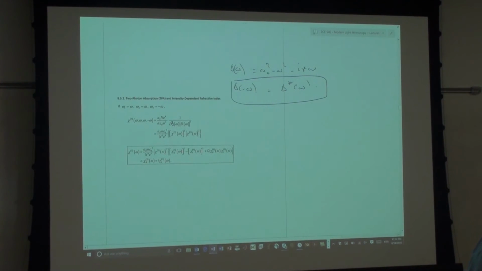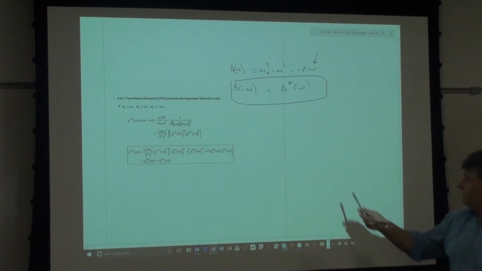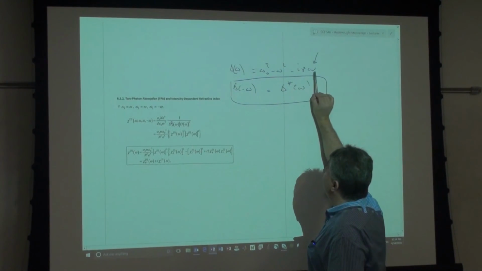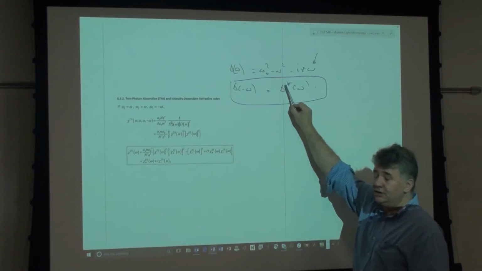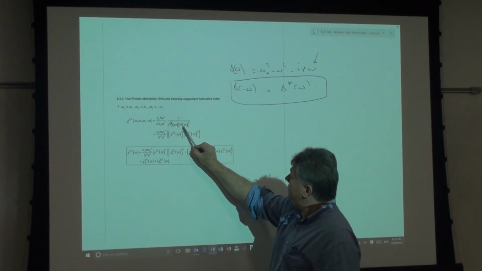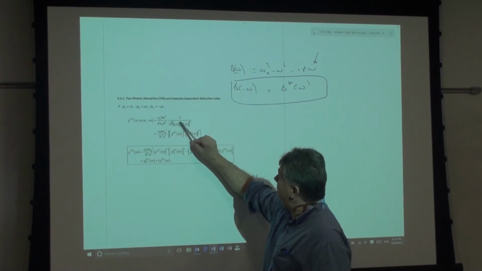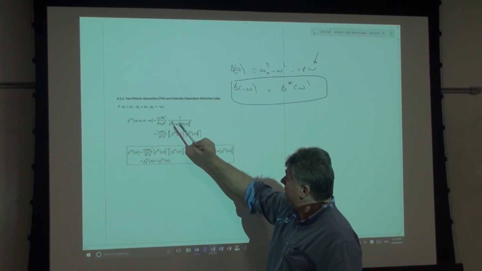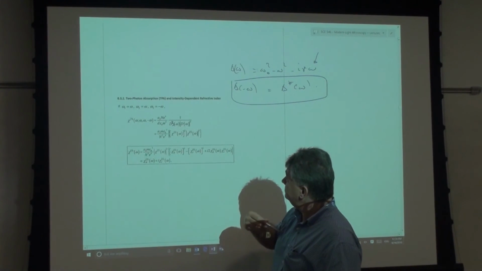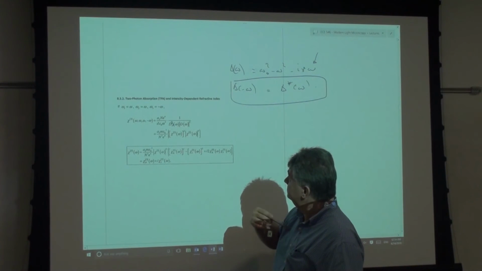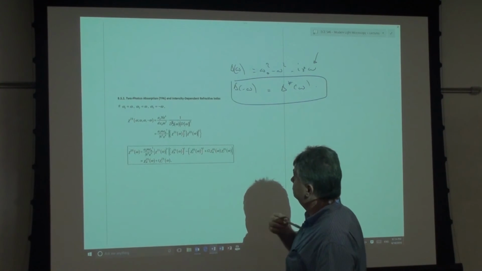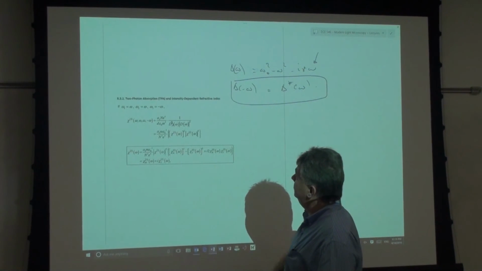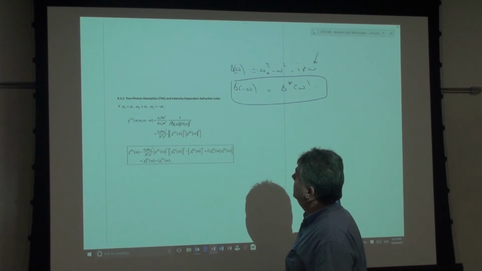You see it? Because the linear term in omega is actually the imaginary part of this thing. So when I put minus omega here, this becomes d conjugate. So that means when I do d omega, d minus omega, I get magnitude of d omega squared. And then this, something is wrong here.